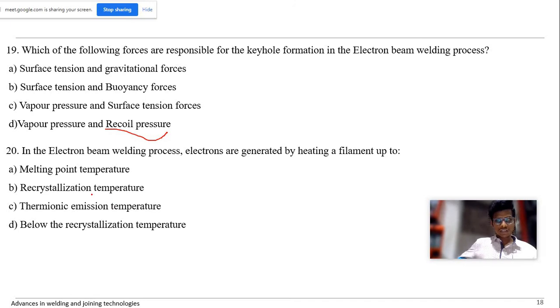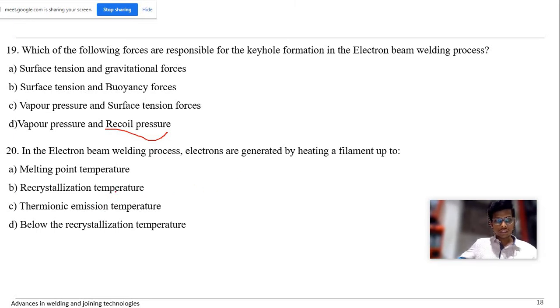Recrystallization temperature means once we start heating any particular metal, it has some grains, right? The grain structure changes, new grain structures form, and it changes its behavior. If we heat the metal above the recrystallization temperature and form it, by forging, extrusion, wire drawing, or bending, then it is called hot working.